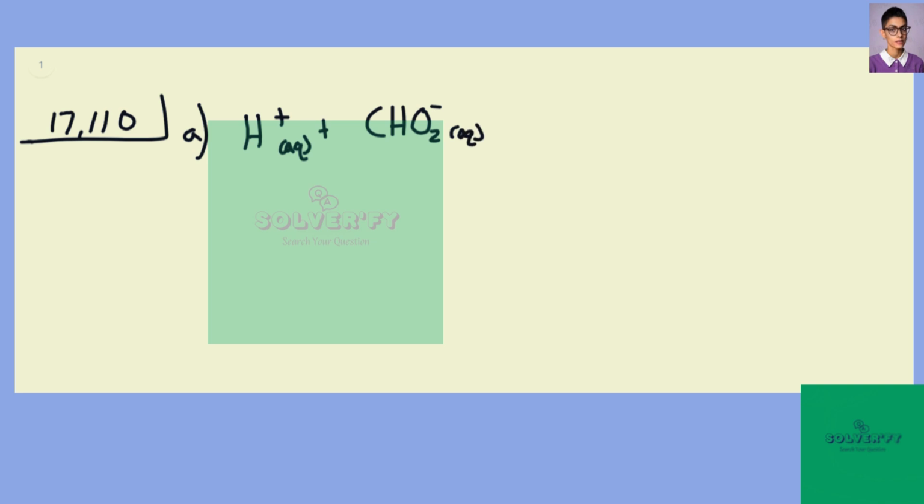The chlorine and sodium ions are just there to neutralize the charge, but they do not participate in the reaction. So this reaction will transform the formate into formic acid, CH2O2. So that's the net ionic equation for this reaction.